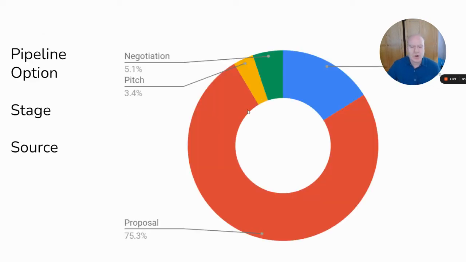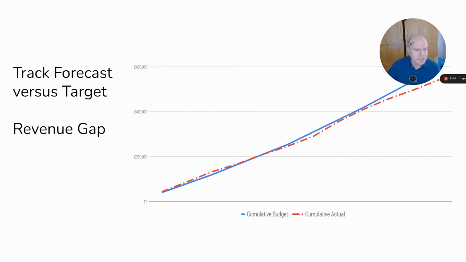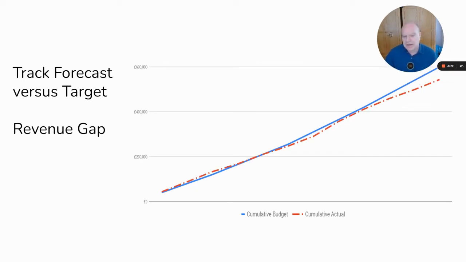There's also an option to analyze your pipeline between the stage it's at and the source, so where it's come from. Pipeline is rich for data opportunities. You can track the cumulative actual against your revenue target. It could be a profit target, but this is revenue against the target for the year. There'll be a constant reminder of the revenue gap that you'll need to close. Hopefully that's inspiring rather than daunting.